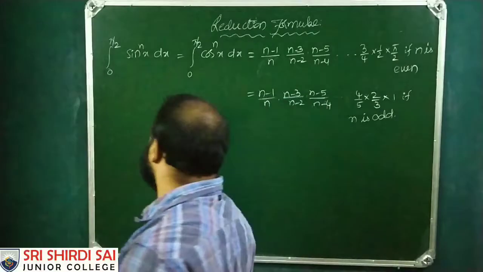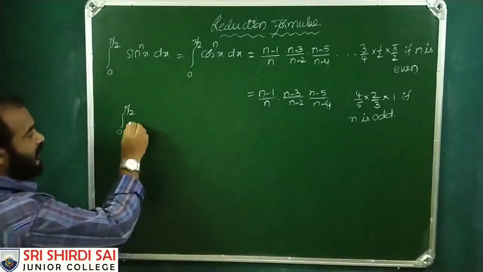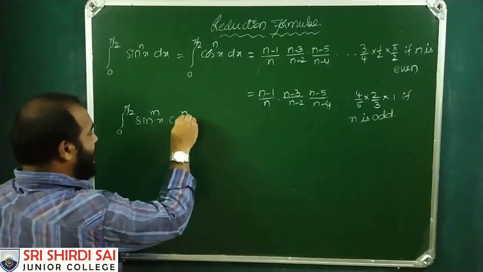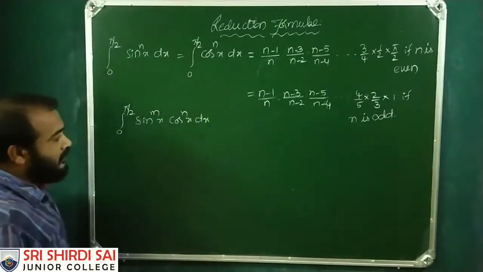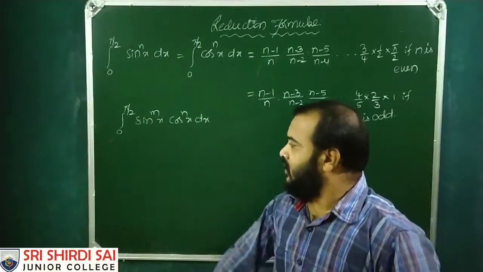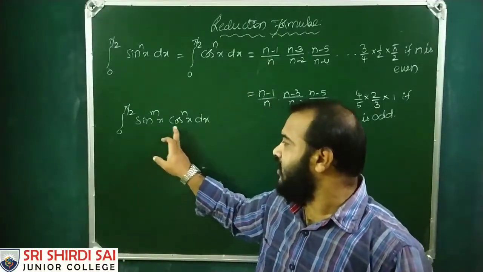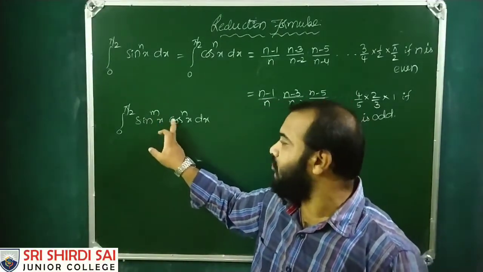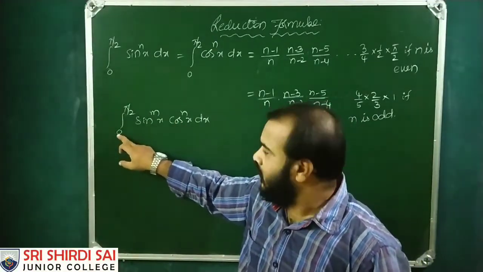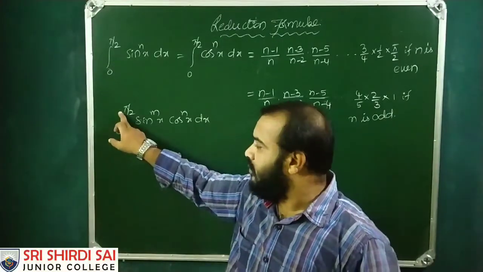So we will be learning integral 0 to pi by 2 sin power mx into cos power nx dx. Remember, this is the special reduction formula. The integrand contains sine and cos functions with their powers, and strictly speaking the lower limit is 0 and the upper limit is pi by 2.